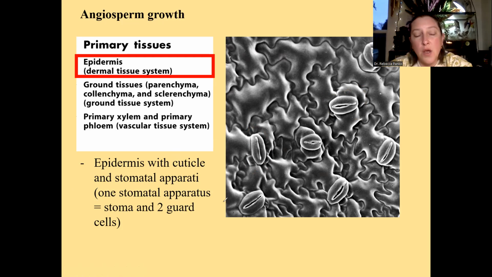And we covered that back, but just in case you need a reminder, one stomatal apparatus is 2 guard cells and a hole in the middle, the stoma. All right.